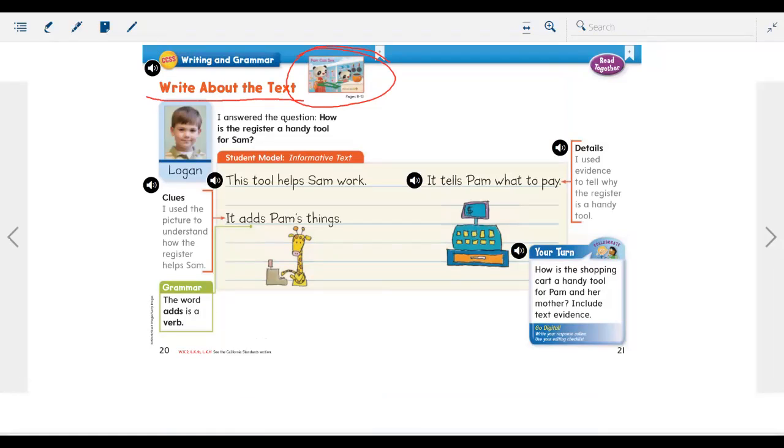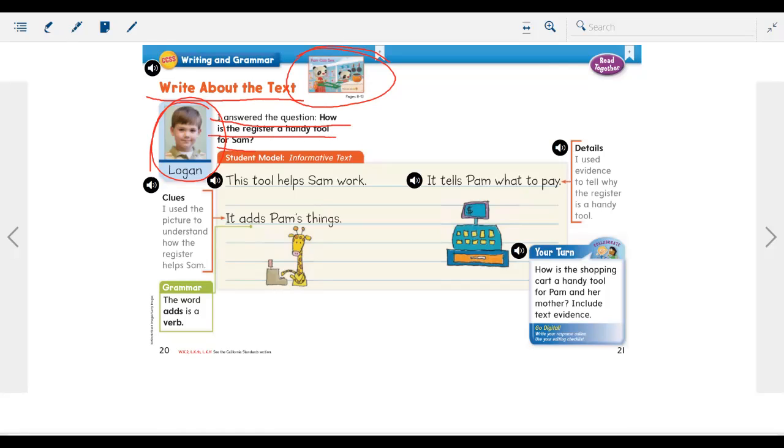So here's Logan, and he says, I answered the question, how is the register a handy tool for Sam? So we want to see how Logan responded to a prompt. And the prompt is, how is the register a handy tool for Sam?